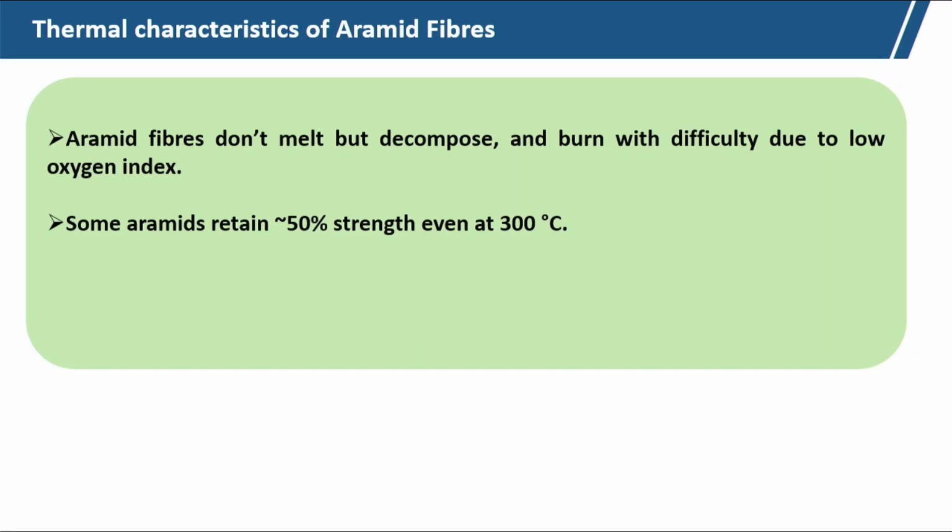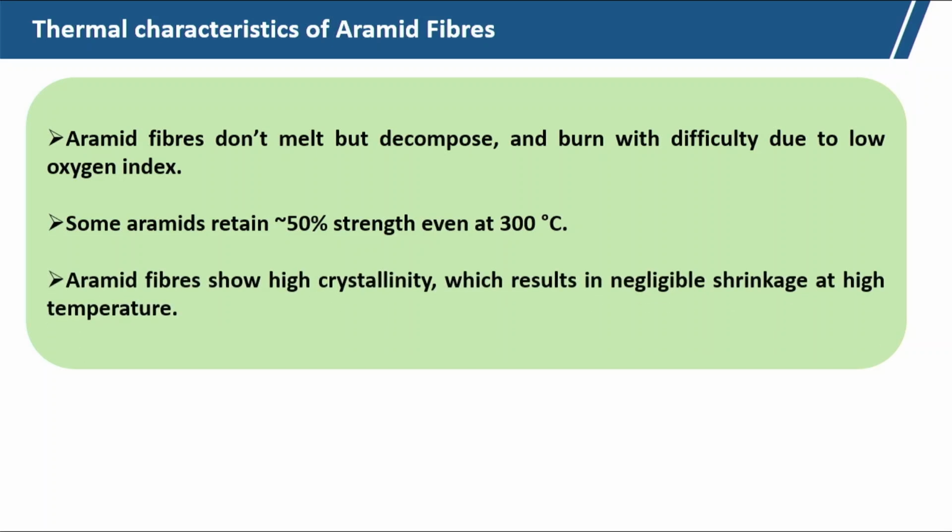Even at prolonged 300 degree Celsius, it retains 50% strength. Aramid fibers show high crystallinity, which results in negligible shrinkage at high temperature. So, that is one advantage. That is why meta-aramid is used for fire protective garments with less shrinkage.